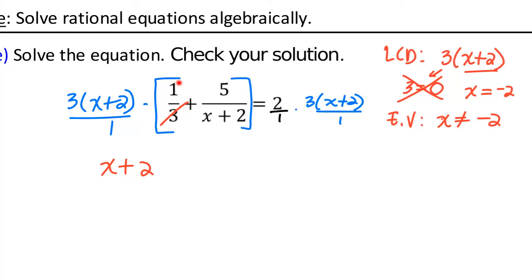So I'm done with this now, so ignore it and look at the second fraction. My x plus 2 is going to cancel with this x plus 2. So I'm left with 3 times 5, which is going to give you 15. Okay? And that 15 is basically the 3 times the 5 that was left over when you cancel the denominators.